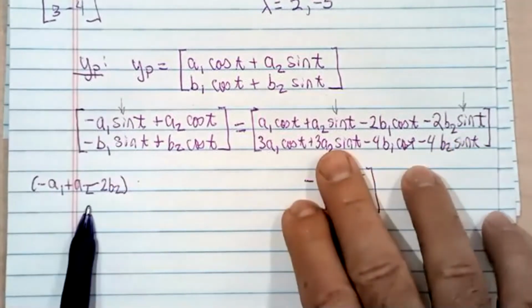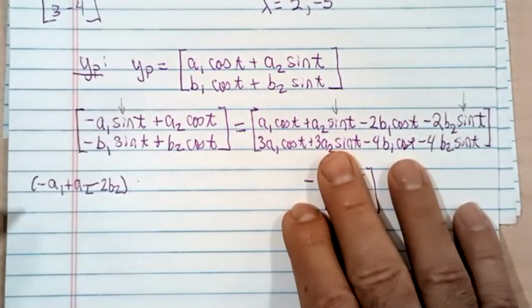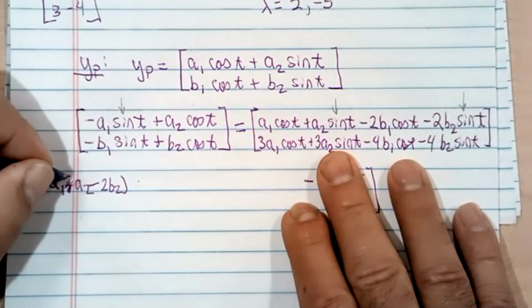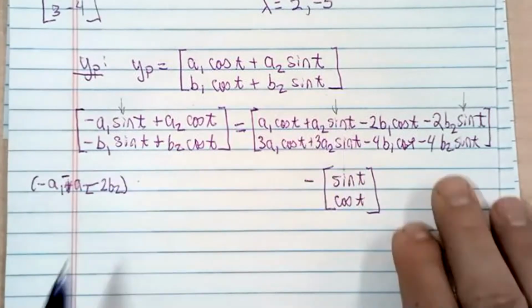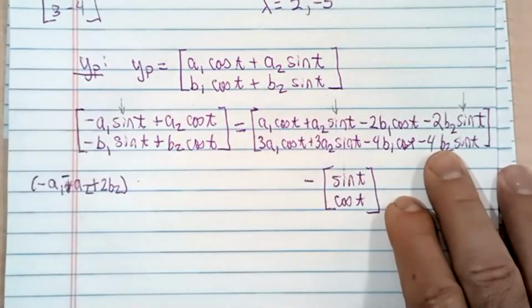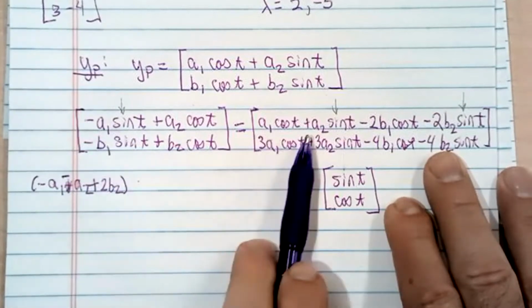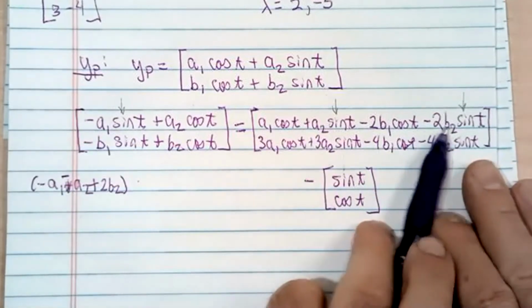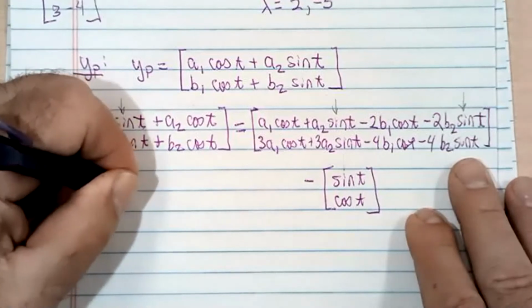Now did I get the negatives? I didn't. Shoot. That's a minus, because I've got to subtract it to the other side of the equation, and that's a plus. So minus A1 minus A2 plus 2 B2 times sine t.